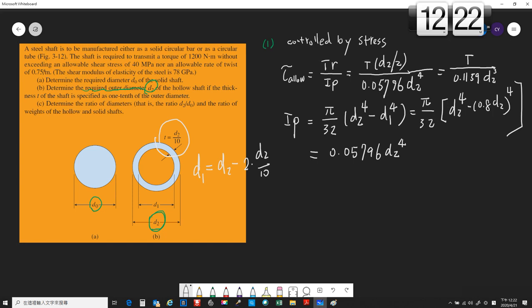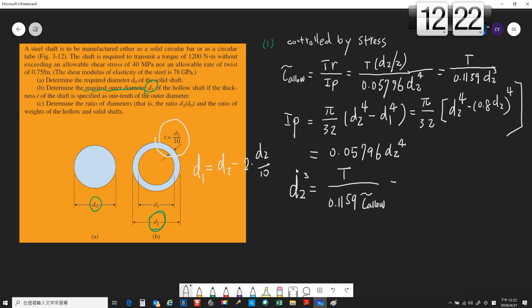So we can put it in, and we can get the value: D2 is equal to the torsion divided by 0.1159 tau allowable.